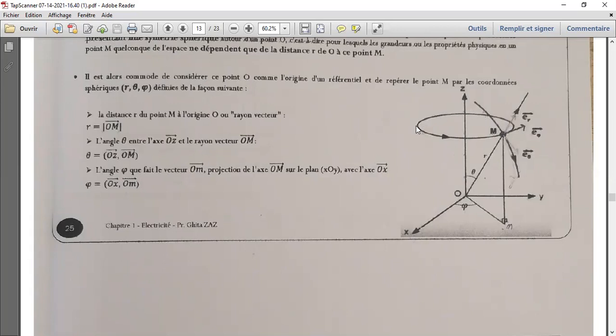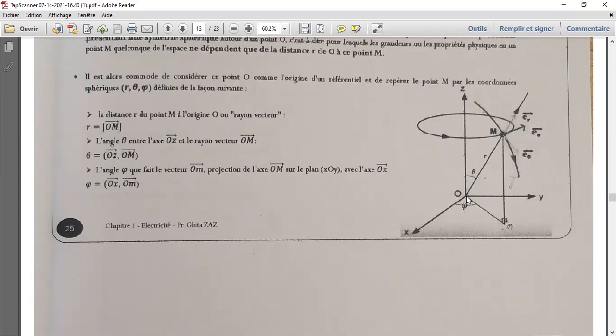So when I move this point around this circle, which forms the equatorial plane, the point M will always have the same radius. When the radius doesn't change, it means the angle is constant, and your theta will be equal to 0.